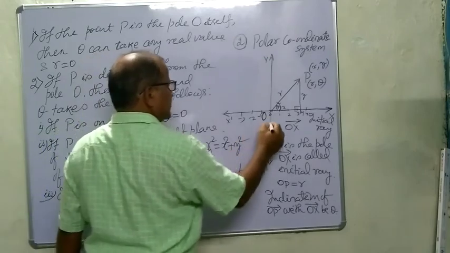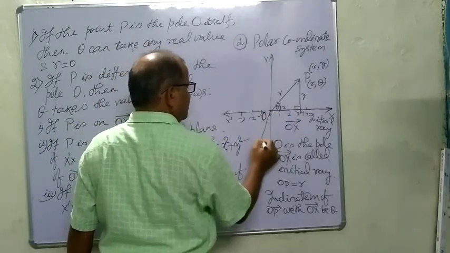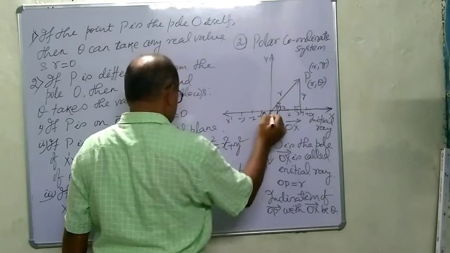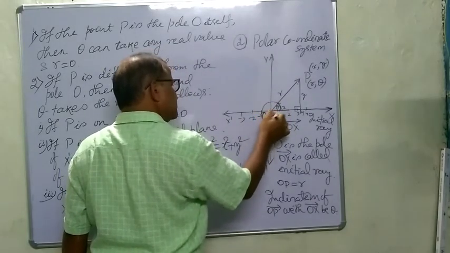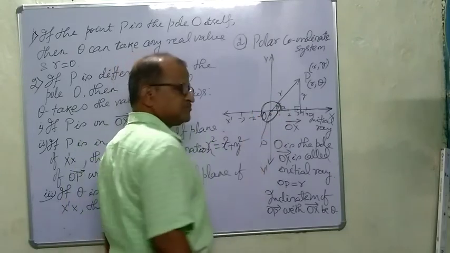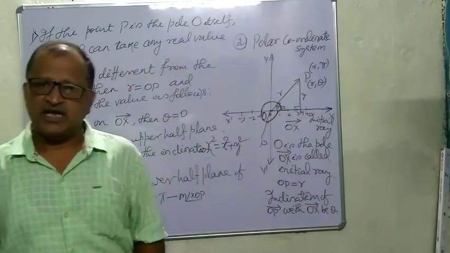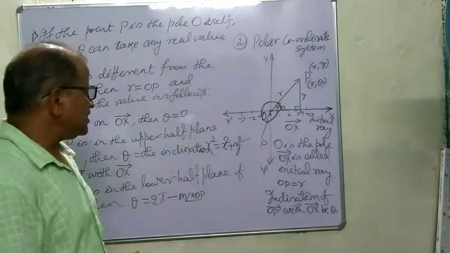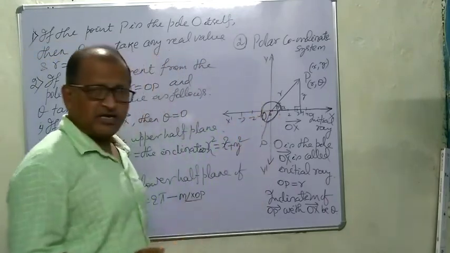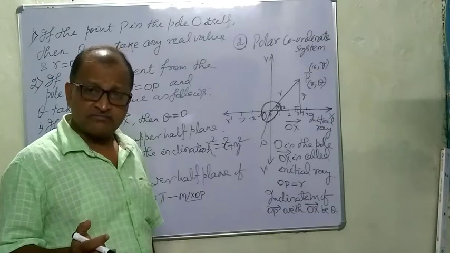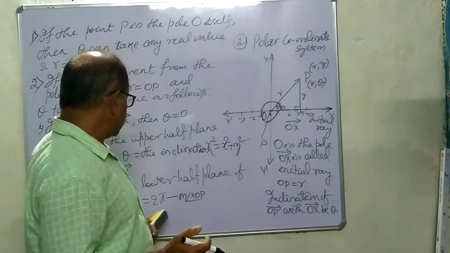Suppose here P is here, then XOP will be this one. So what will be theta? 2 pi minus this. That means this. Yes, it is written like this. Why? Because the inclination is always greater than or equal to 0 but less than pi. So it is written like this.